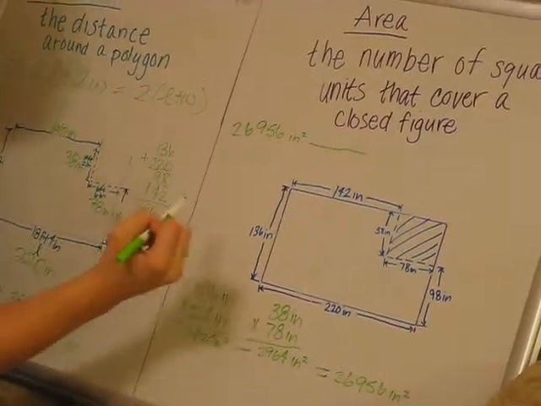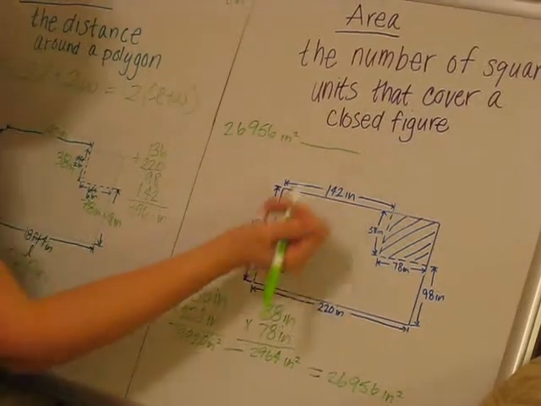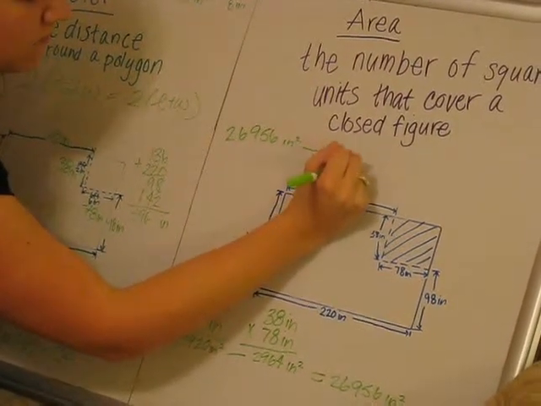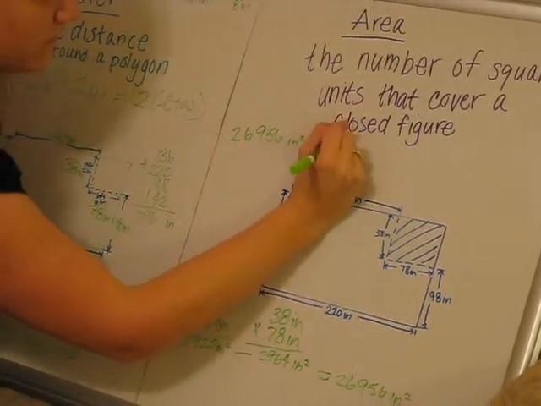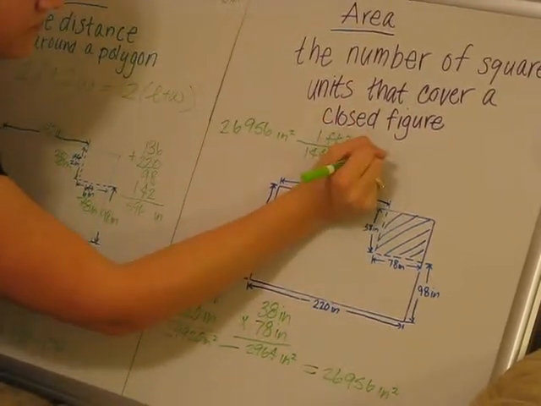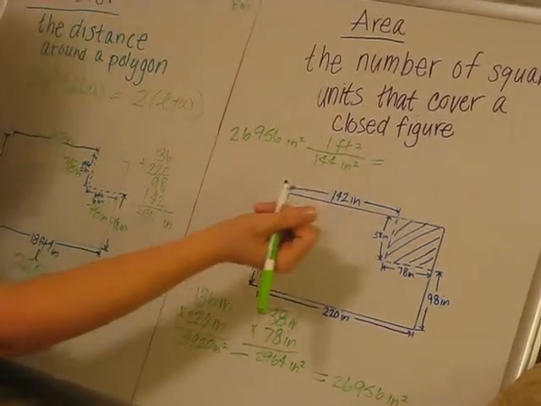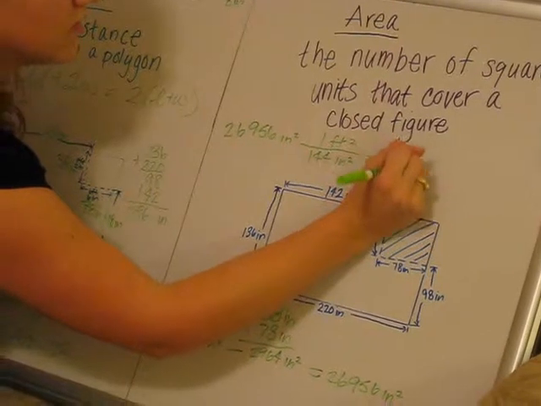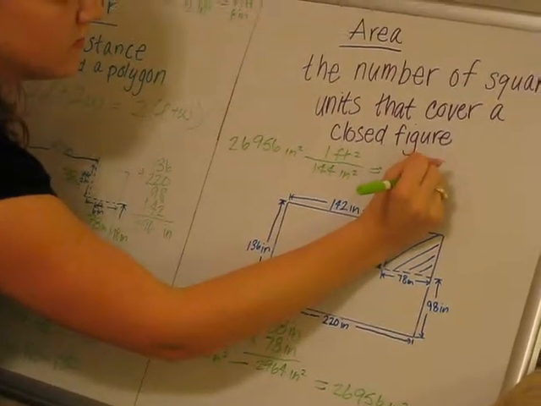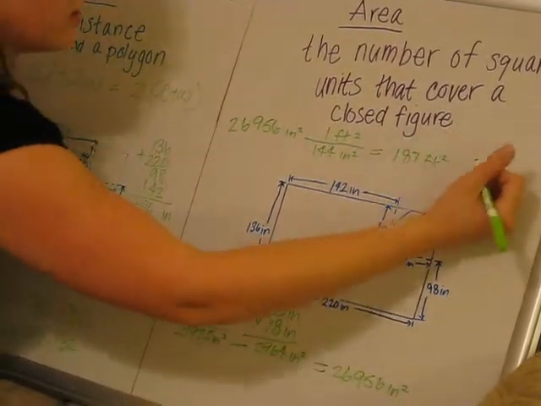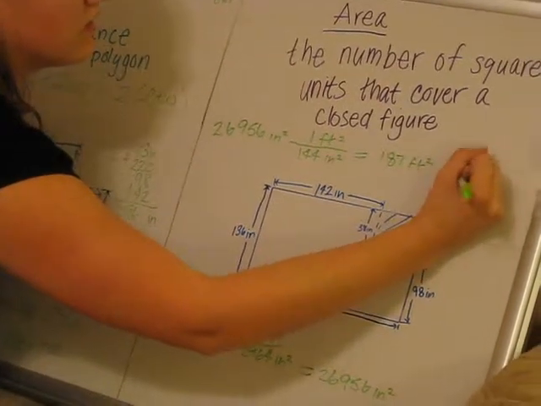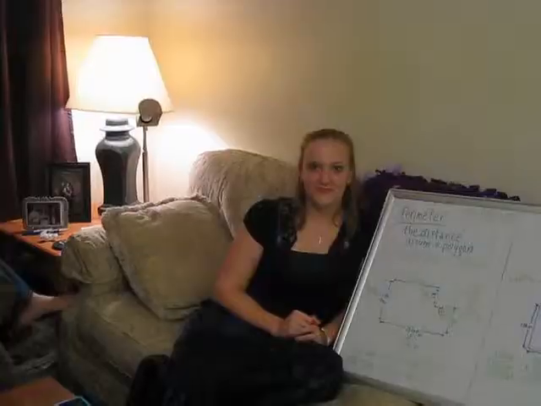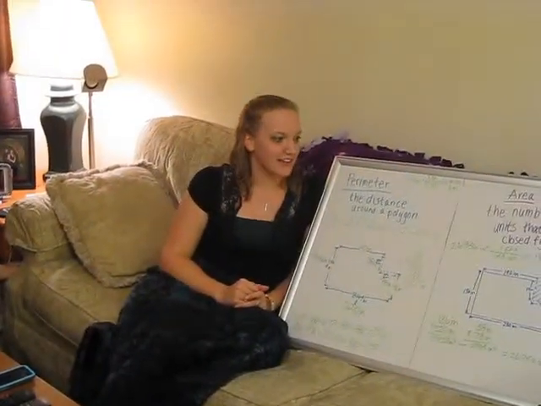There are 144 square inches in 1 square foot. Which gives you 187 square feet and 28 square inches. So that's perimeter and area in a real life setting.